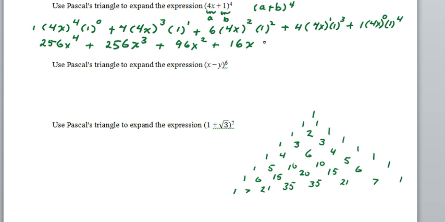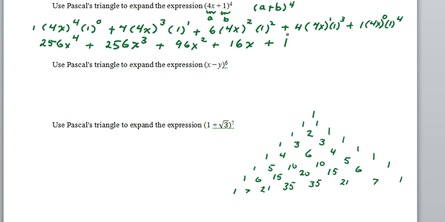And the last term, 1 times 1 times 1, will give us plus 1. So this is the expansion of 4x plus 1 to the fourth.